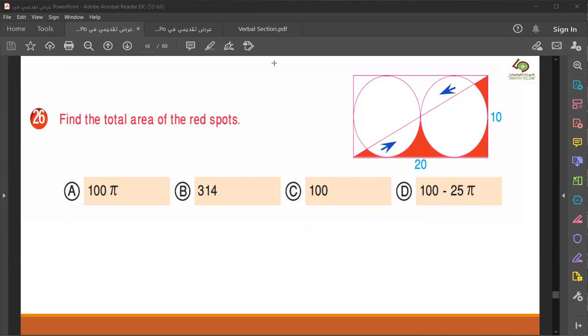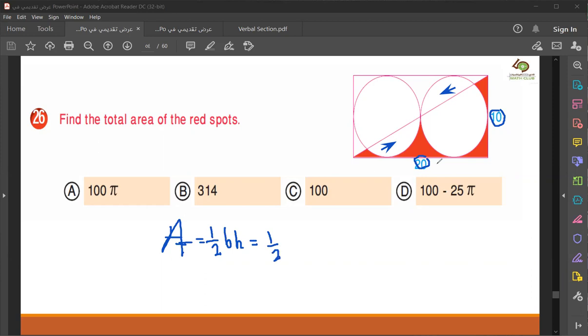What is the area of the triangle, my student? Here I have 10, the base is 20. So we find the area of the triangle. How do I solve it, my student? Half times base times h, right?